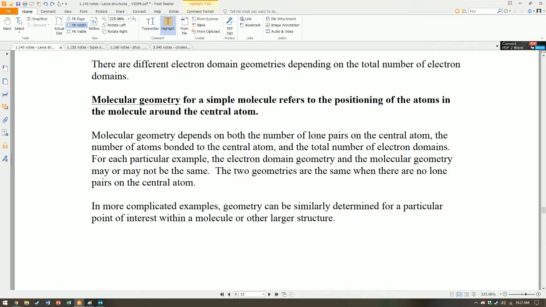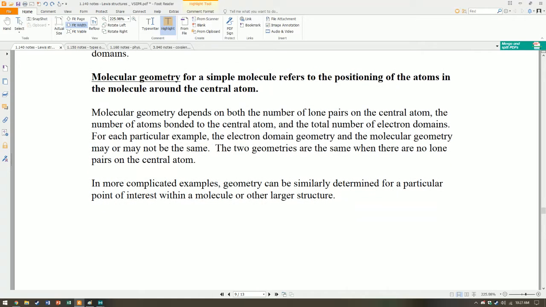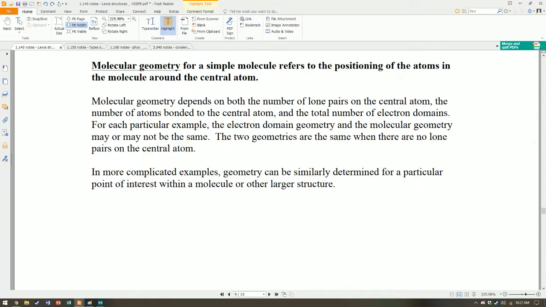The spatial arrangement of atoms within a molecule is what we call the molecular geometry. Molecular geometry is dependent on the number of lone pairs on the central atom and the number of atoms bonded to it.